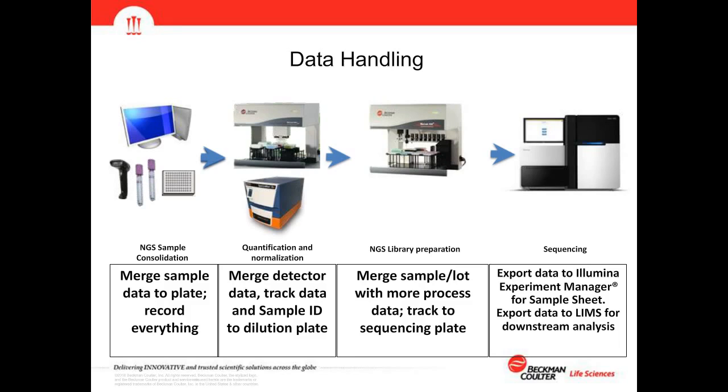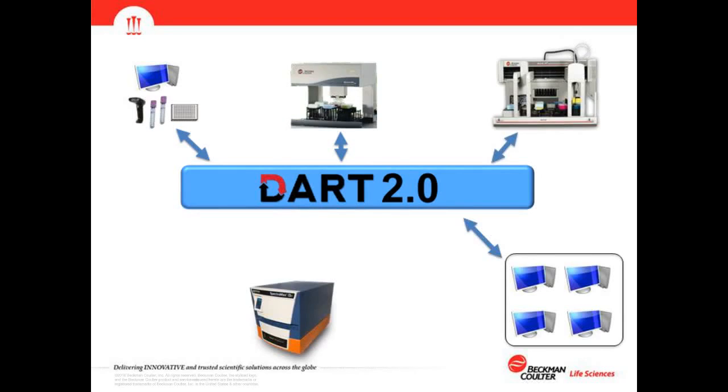We need to merge the detector data, track the data and the sample ID to the dilution plate. Then we merge the sample and lot with more process data as we use different types of reagent. And then finally, we need to export these data to Illumina Experiment Manager on a sample sheet, or export these data to a LIMS for downstream analysis.